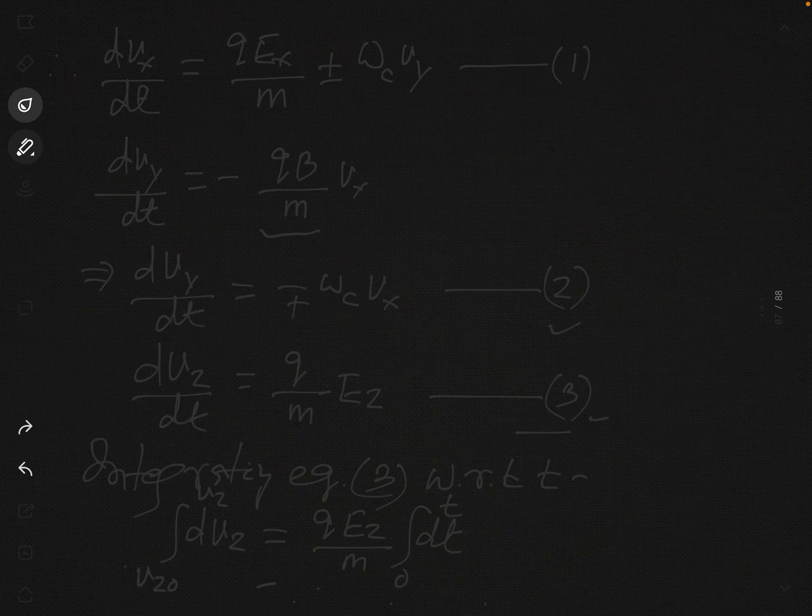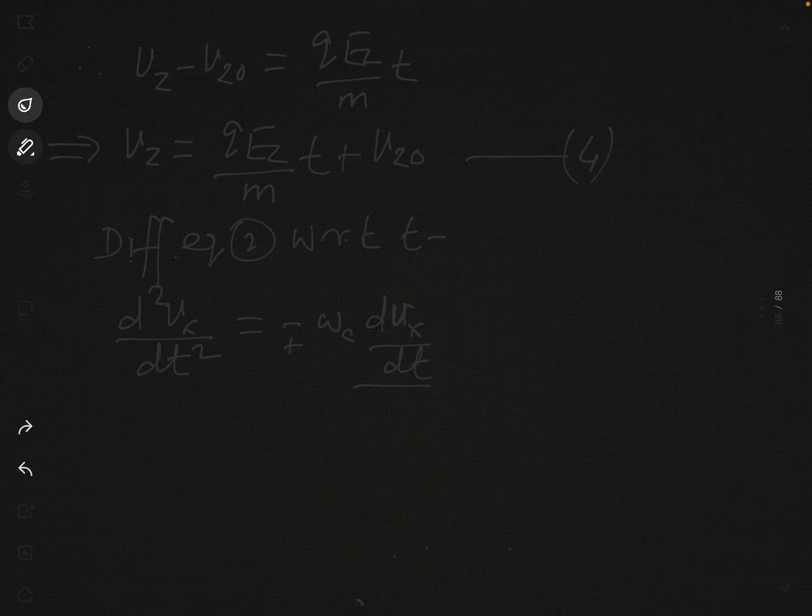Now we will put the value of this dvx by dt from equation 1. Let us see here that this was actually dvy by dt, and I have differentiated wrongly here.